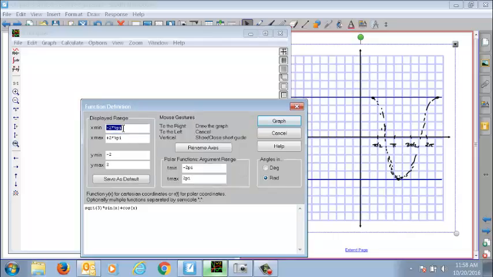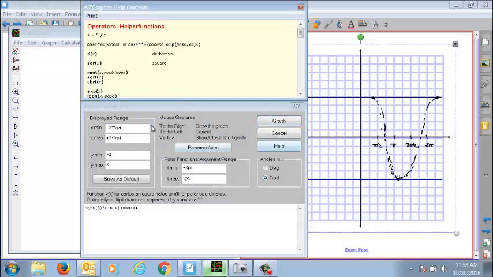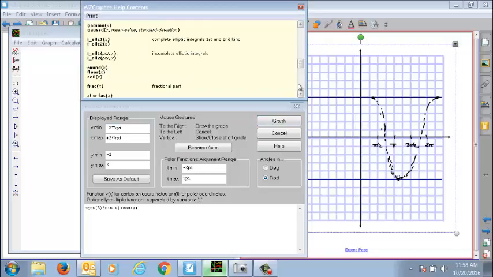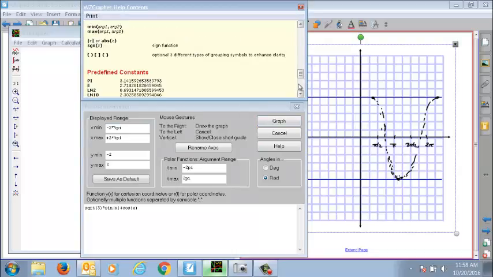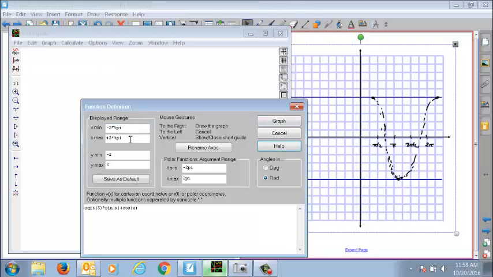Still apparently wrong. Pi is just capital Pi. Okay. And actually, if we want to be exactly right, we're going to 5 pi over 2.